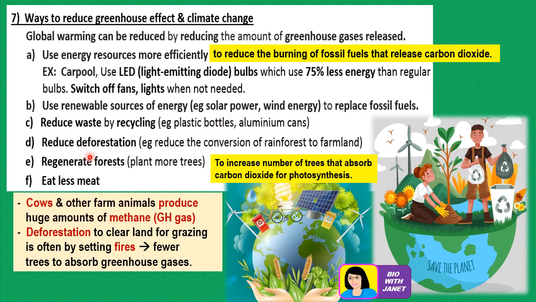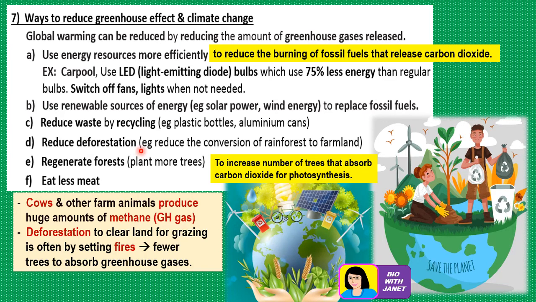So reduce deforestation, for example, reduce the conversion of rainforest to farmland. So when farmland is needed, sometimes they will destroy the rainforest or the forest, and they will cut down the trees and cause deforestation to occur, right?